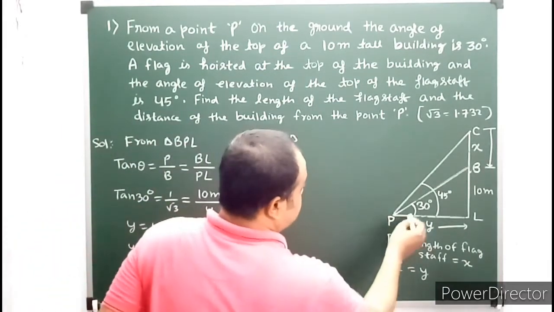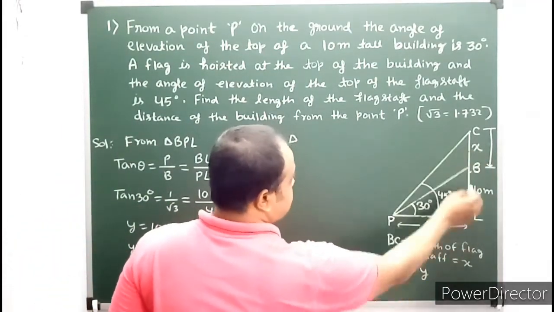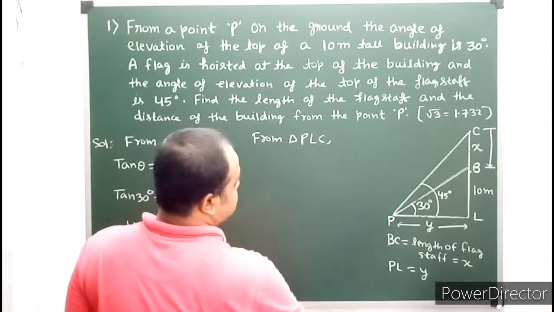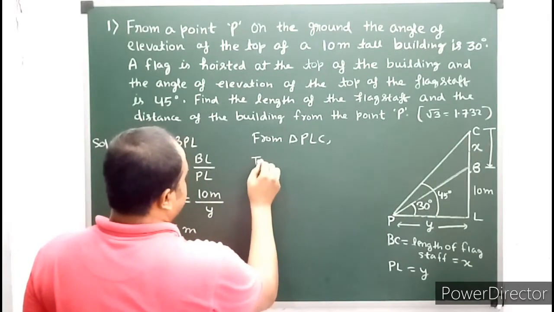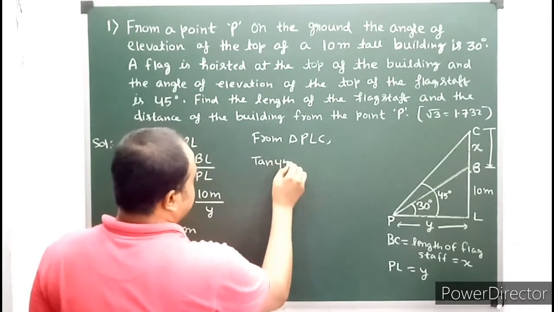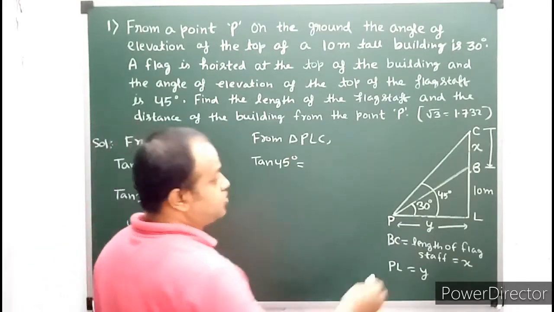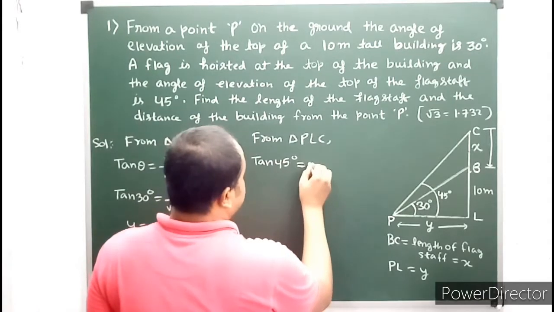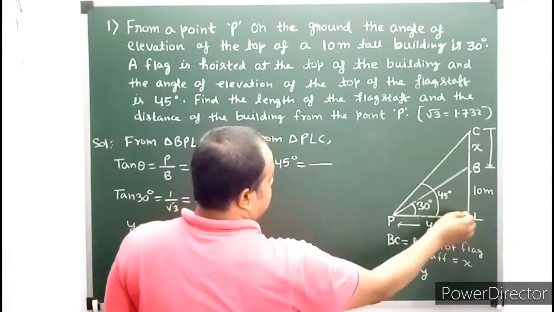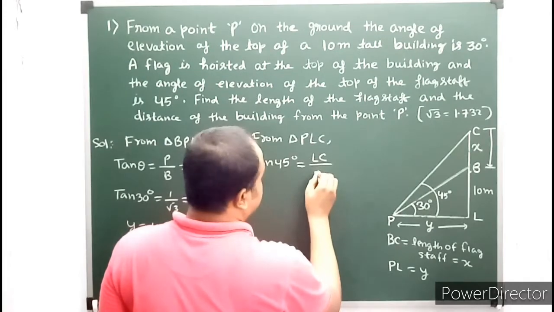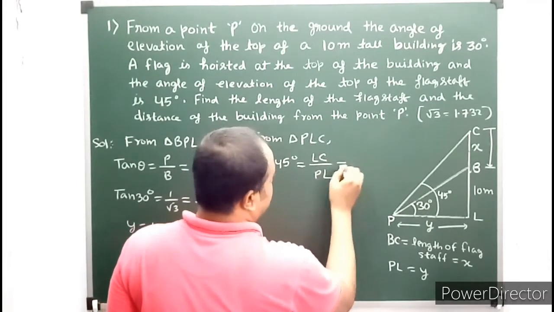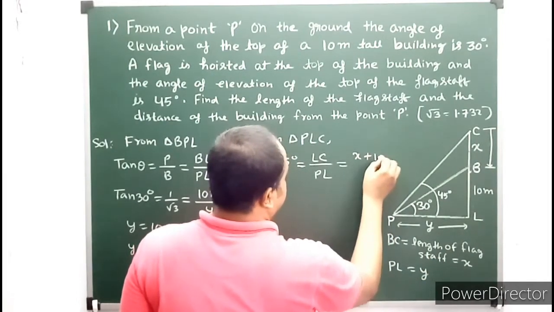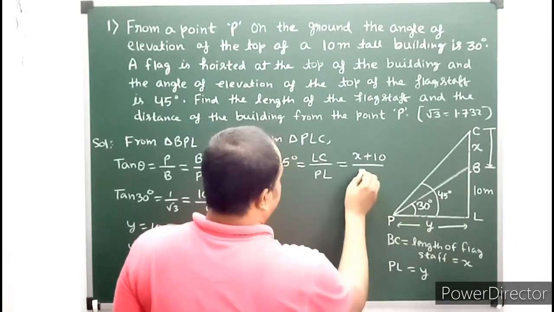Now we need to find the value of x, so we will take the bigger triangle PLC. From triangle PLC, again we have to apply the formula tan theta, because here perpendicular and base are to be applied. Tan 45 equals LC by PL. Now LC means x plus 10, by y.